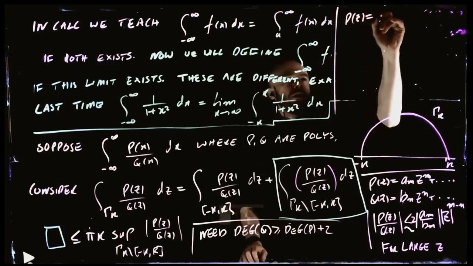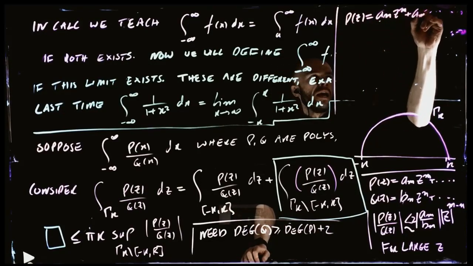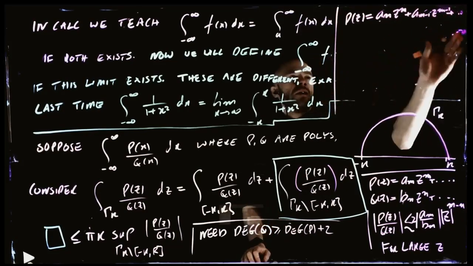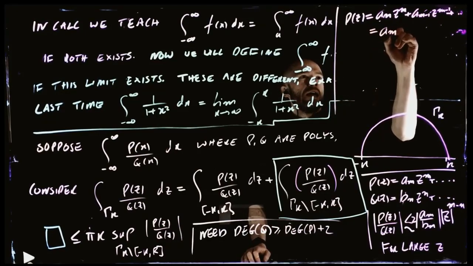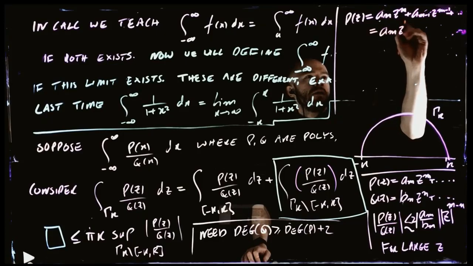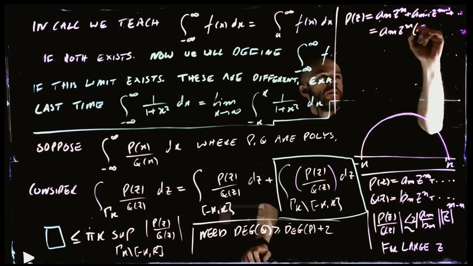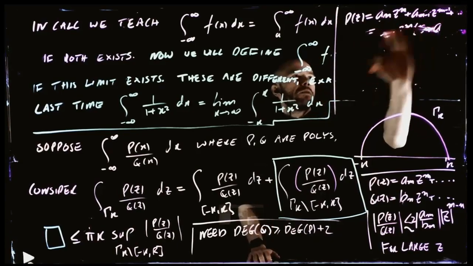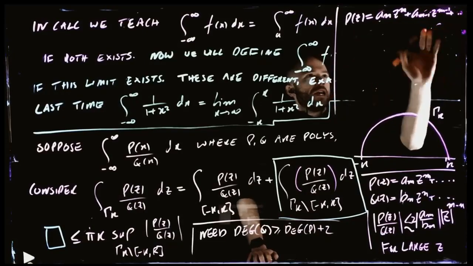Right? P of z equals a_m z to the m plus a_{m-1} z to the m minus 1, and then so on. Let's factor out a z to the m right at the front.